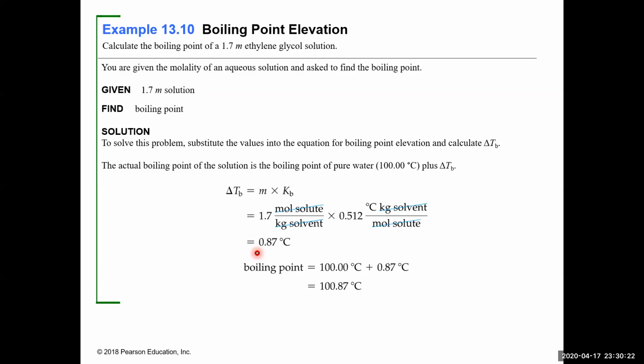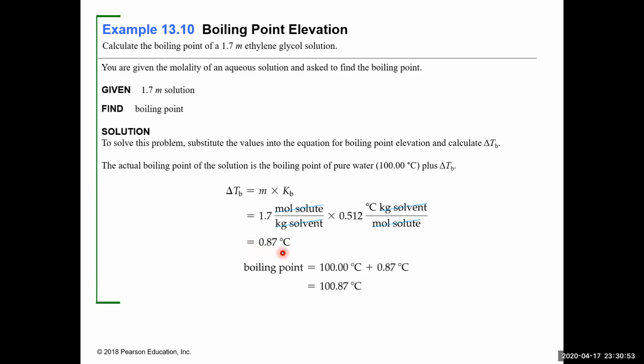Now the problem is asking for the boiling point, not the change in boiling point. So we know for water that the boiling point is 100 degrees Celsius. With this ethylene glycol solute added into our water, we now have a boiling point change of 0.87 degrees Celsius.